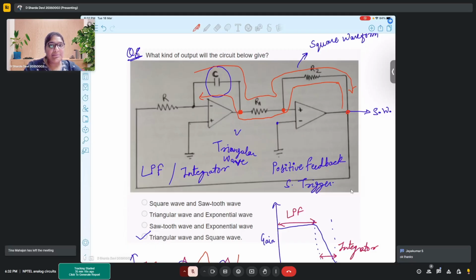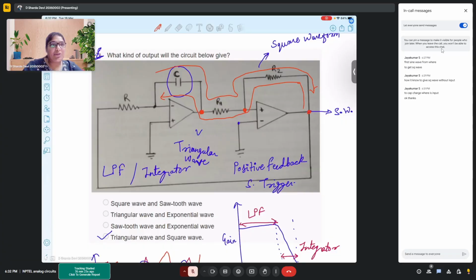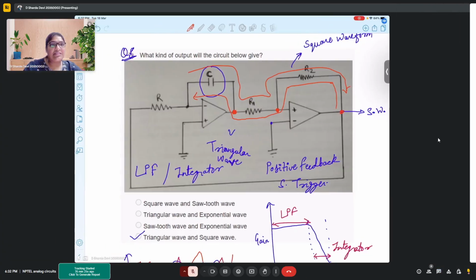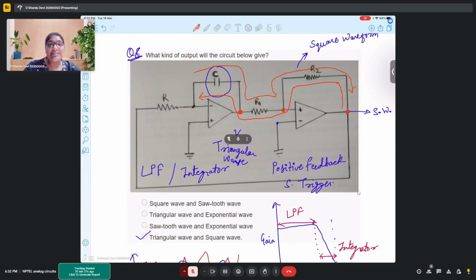Yes. Yeah, you people can unmute yourself and ask. That would be easier because there might be a possibility that messages might be missed. So, anyways, you people understood these waveform generating circuits, like how the waveforms are being generated and how we are getting a triangular and square wave out of these.